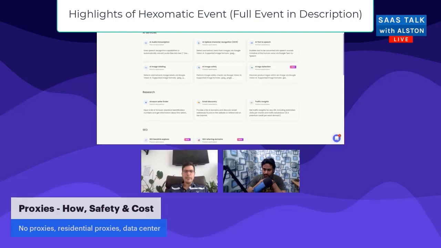But what might happen is that data center proxies get their IP addresses from a subnet which belongs to a hosting provider, right? This hosting provider might be AWS, it might be Google, DigitalOcean, and so on.